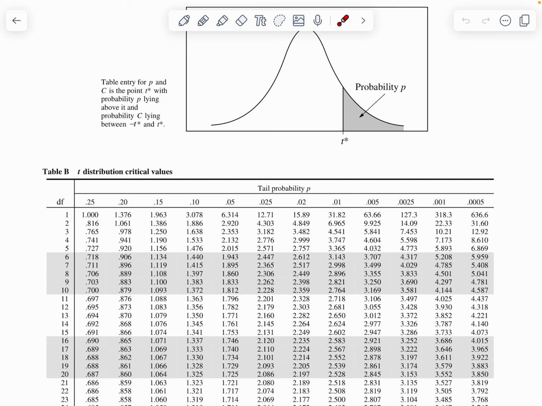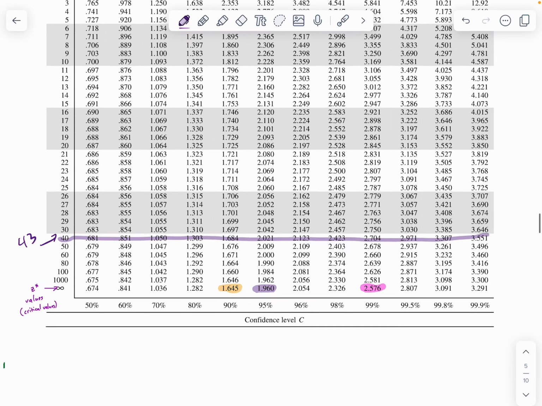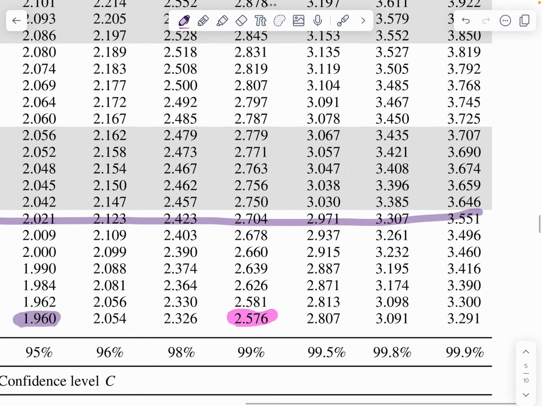So the curve is treating all these as if they were positive t's, but there's symmetry, right? So if this was 3.22, then it would match and have symmetry with negative 3.22. These two shaded sections would be the same size. Negative 3.22 falls between these two numbers.